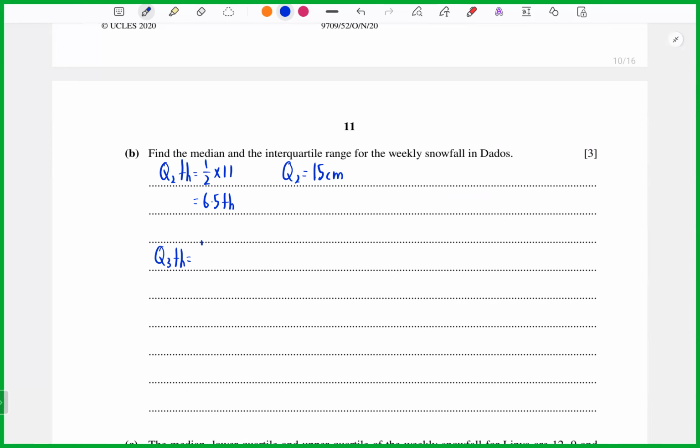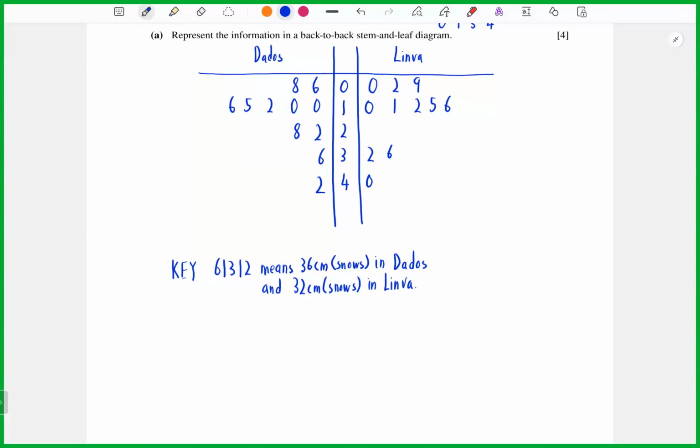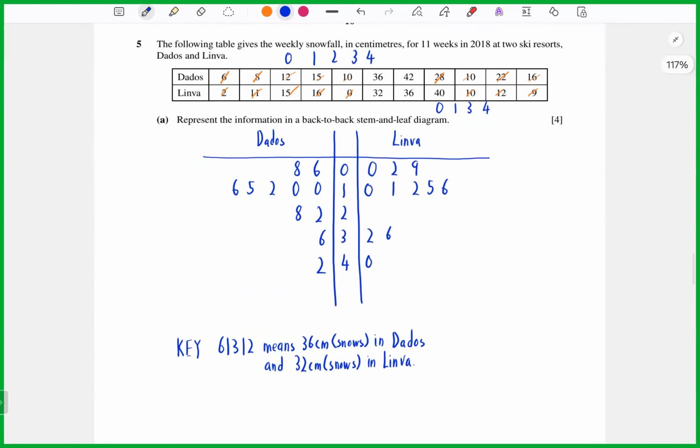It is 3 over 4 multiplied by 11, which is 8.25. We count 1, 2, 3, 4, 5, 6, 7, 8, and we have 1 to 11 in total.